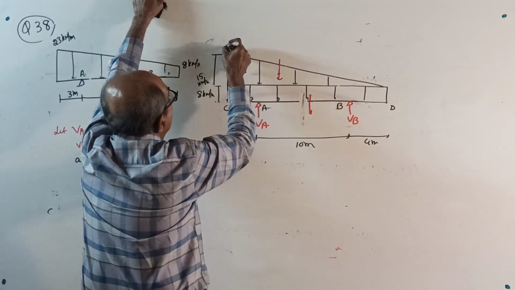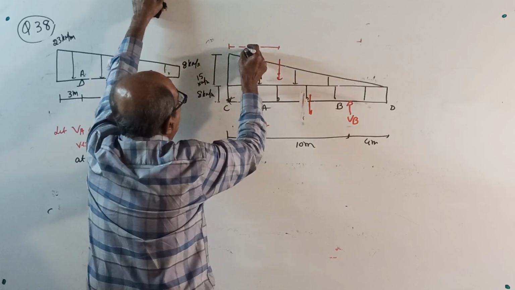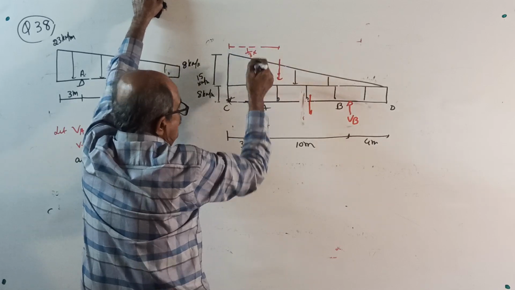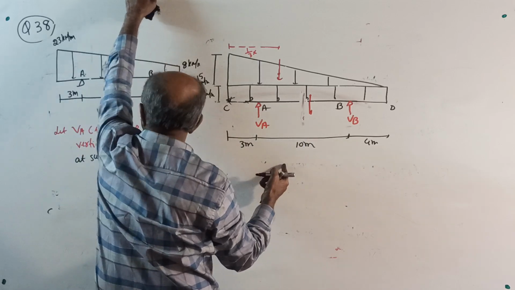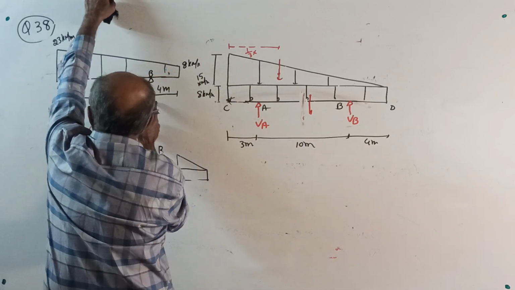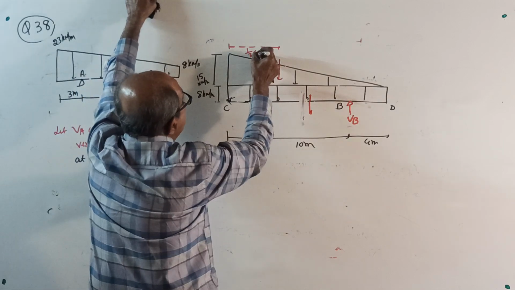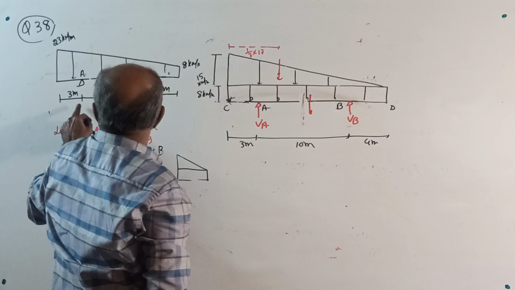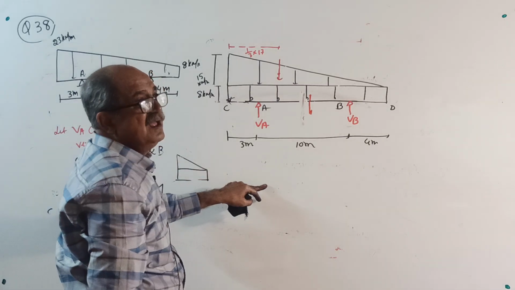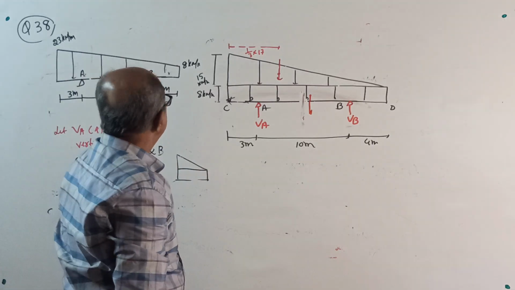If you want to make a note here, this will be 1/3 of, how much total? 17. Last time I told 17 only, correct? Just earlier, when I took the distance, how much I told?